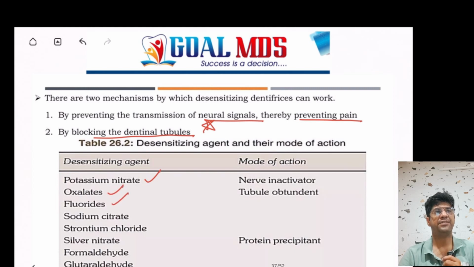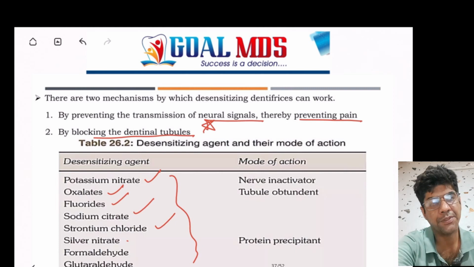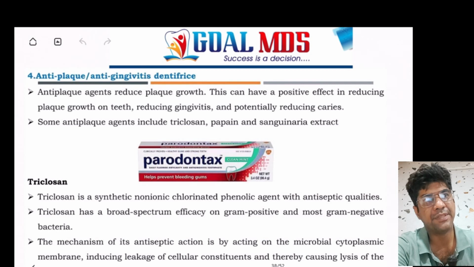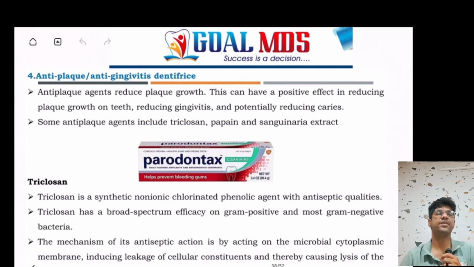These are the various desensitizing agents: potassium nitrate, oxalate, fluoride, sodium citrate, strontium chloride. So these all are the desensitizing agents. You can get a question, the desensitizing agent in the toothpaste is, so your answer will likely be that.